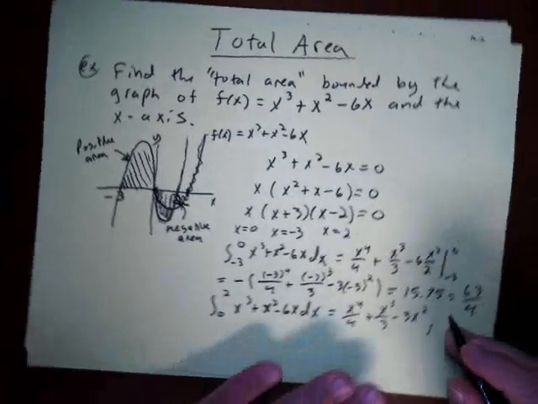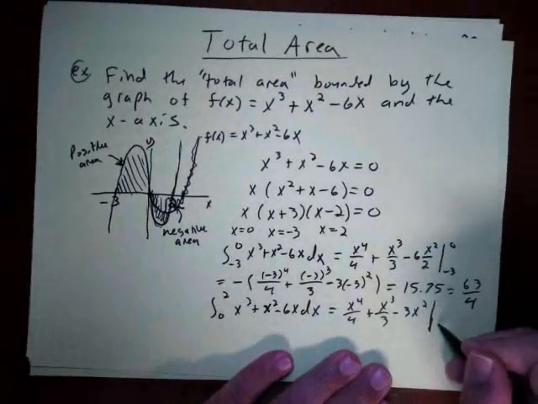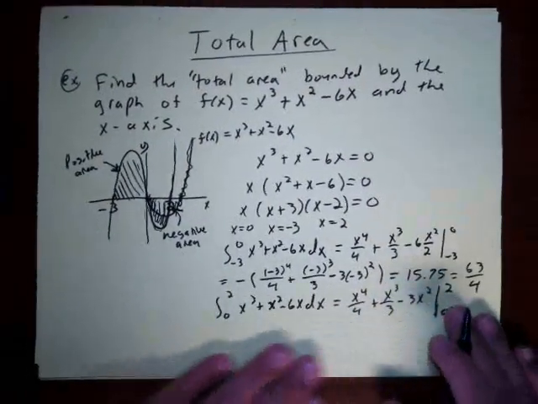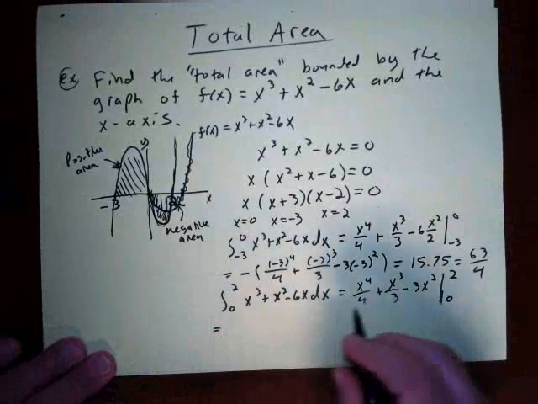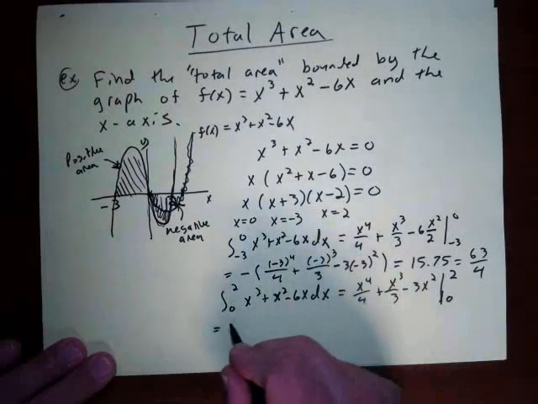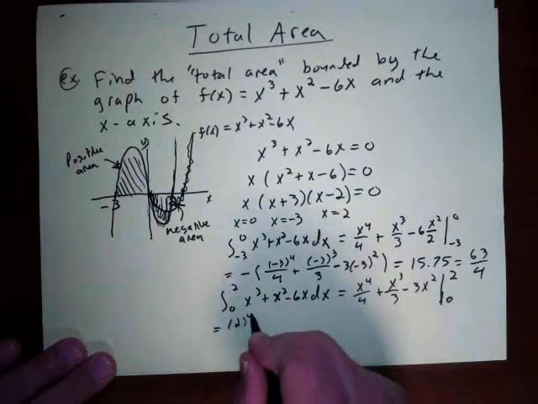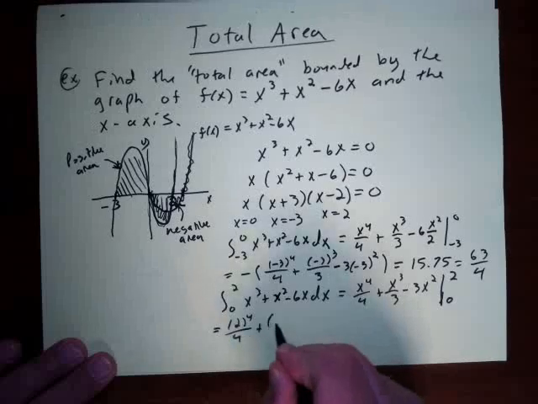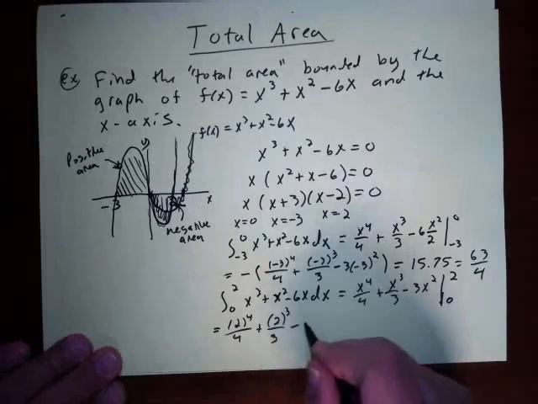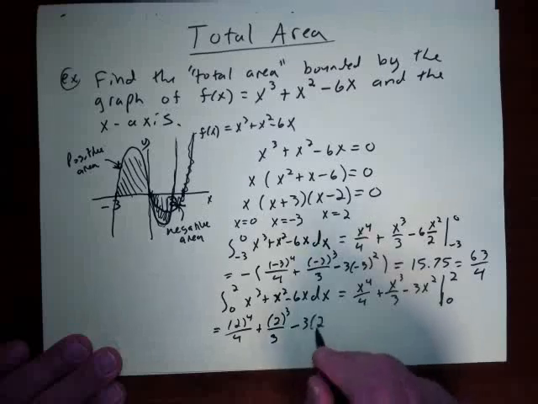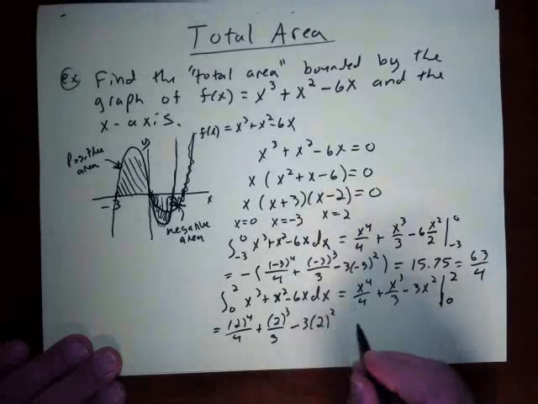And I'm going to evaluate it from 0 to 2. So I'll put in 2 first, and I get 2 to the 4th over 4 plus 2 cubed over 3 minus 3 times 2 squared.